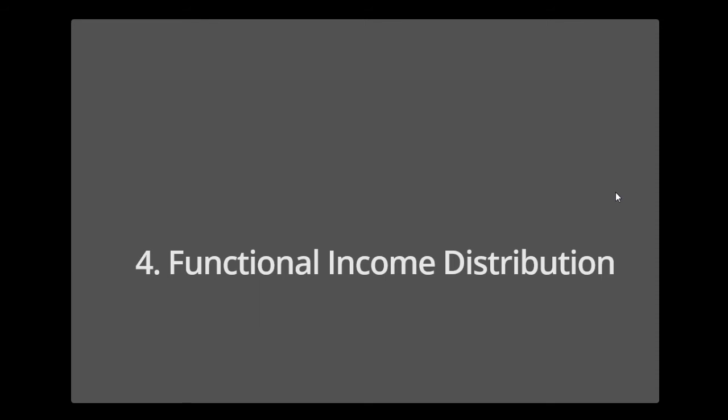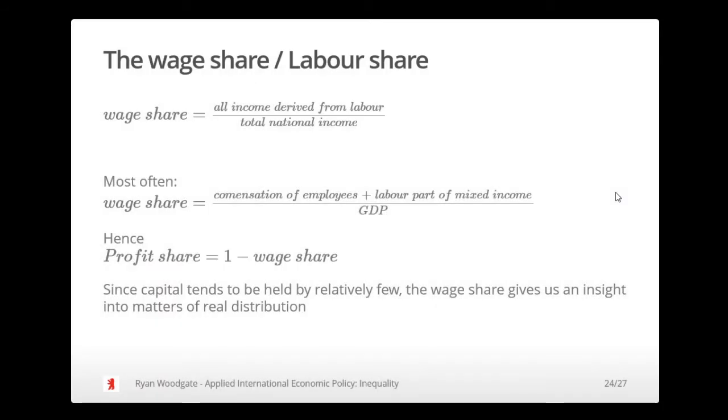Okay, the last notion of inequality, or income inequality, and how to measure it is in terms of functional income distribution. You may have come across this before. I'm sure some of you have. We have the wage share, which is the primary way in which we can measure functional income distribution.